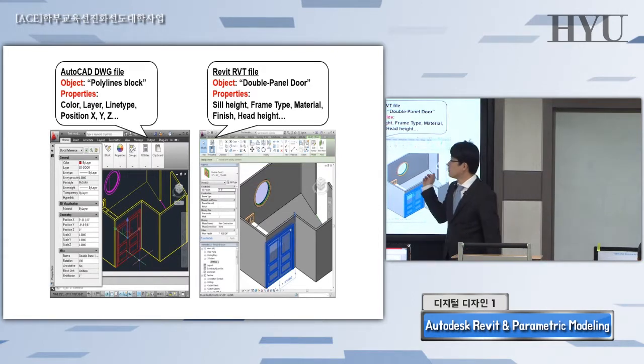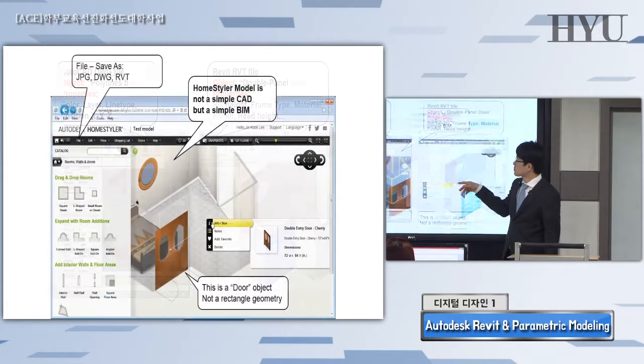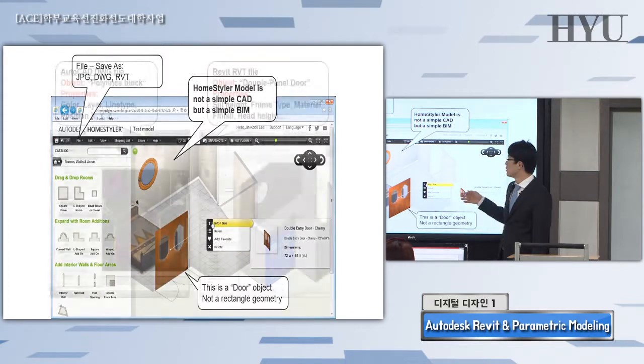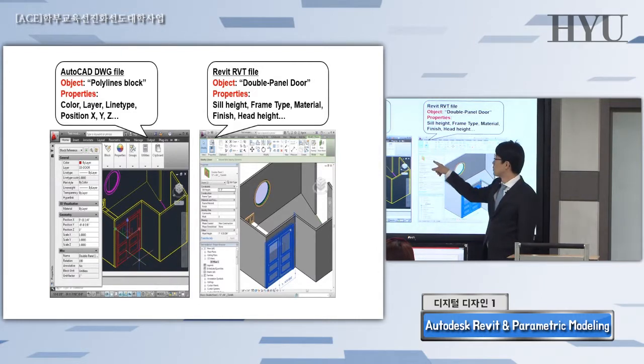But I told you this homestyler.com file can be saved into several file formats, including a Revit file. If you import that file into Revit, the door is also recognized as a double panel door. Totally different.